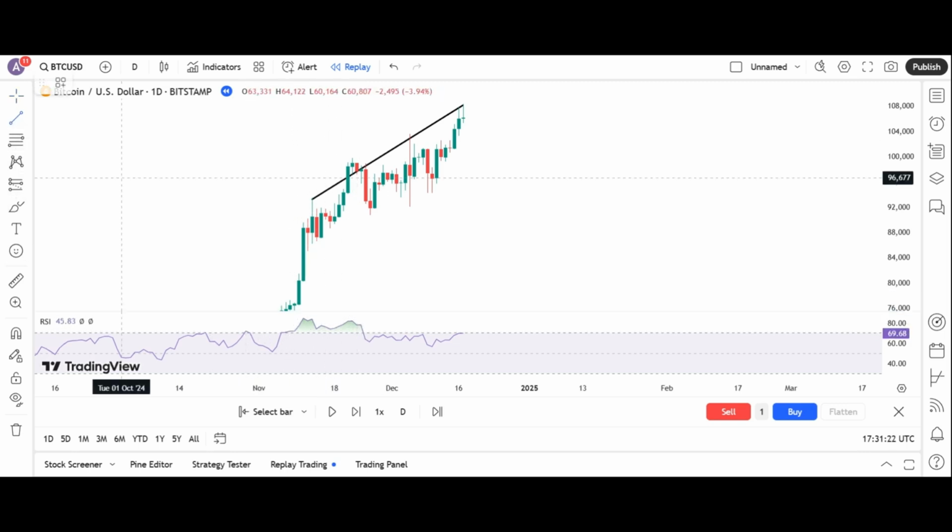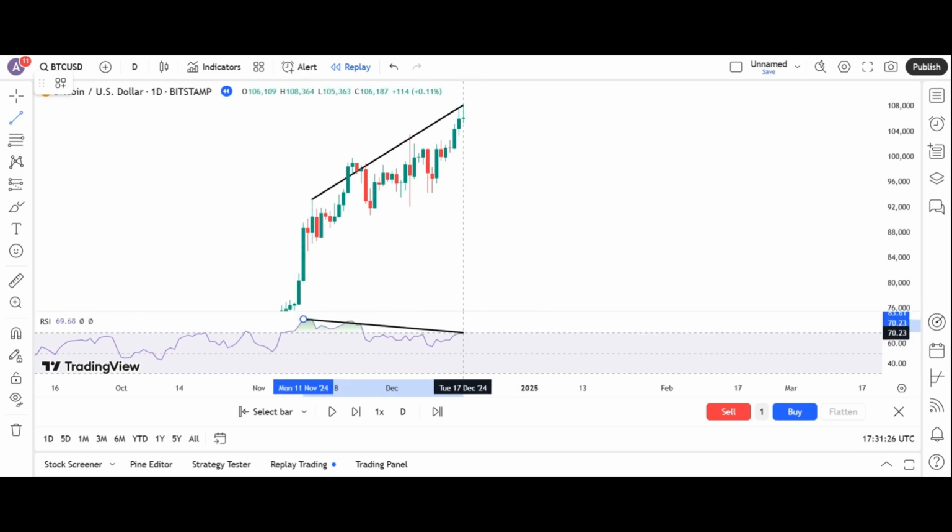Overall, we can see that in the RSI indicator the value is decreasing from approximately 83 to 69, and this is the divergence, because the price candlestick is showing an increase but the RSI indicator illustrates a decrease.